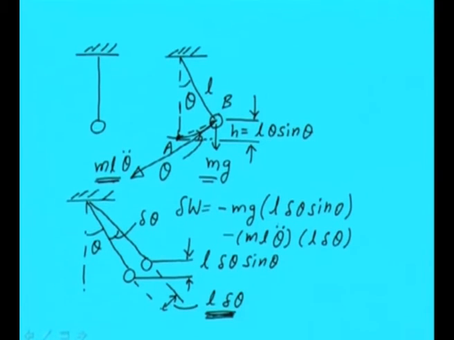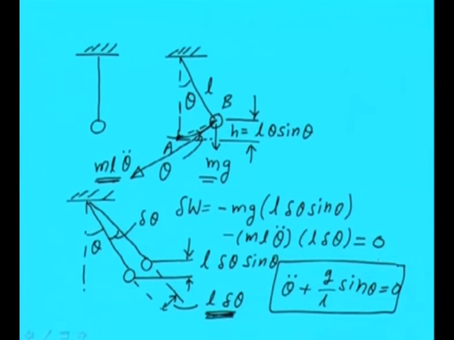So this is the total virtual work done. Now according to this principle, this should be 0, and if you simplify this, you can see that this gives theta double dot plus G by L sin theta, which is a familiar equation for us.